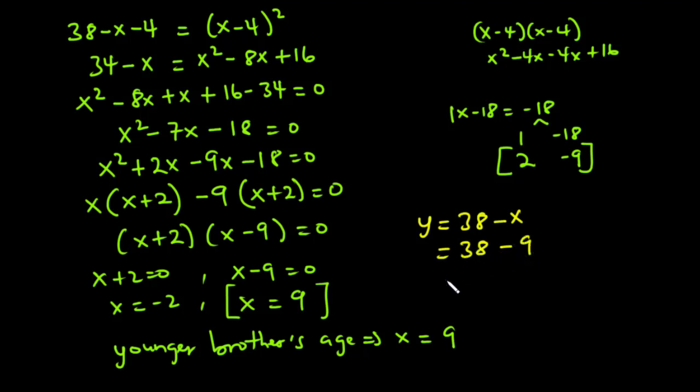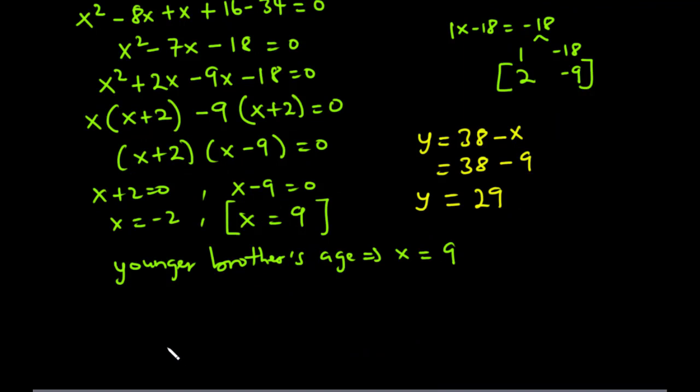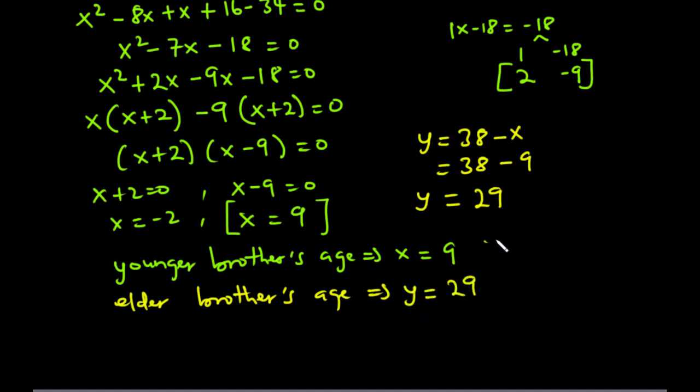So we have 38 minus 9, which is equal to 29, which means that the elder brother is 29 years old. So we have the elder brother's age, that is y equals 29 years. So the younger brother's age is 9 years, and the elder brother's age is 29 years.